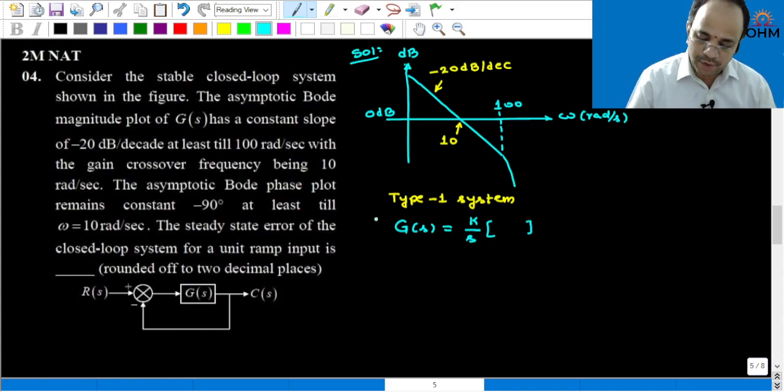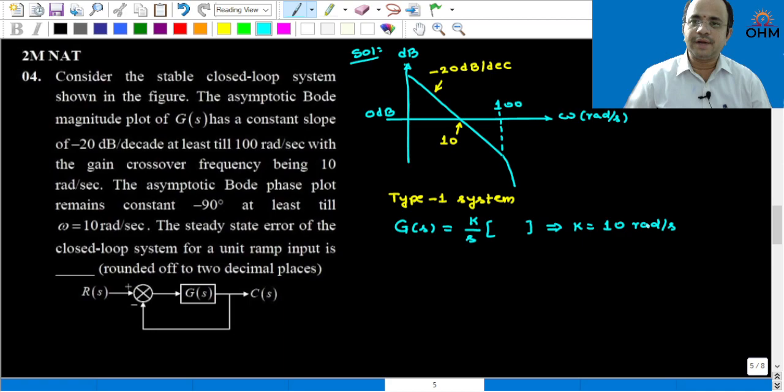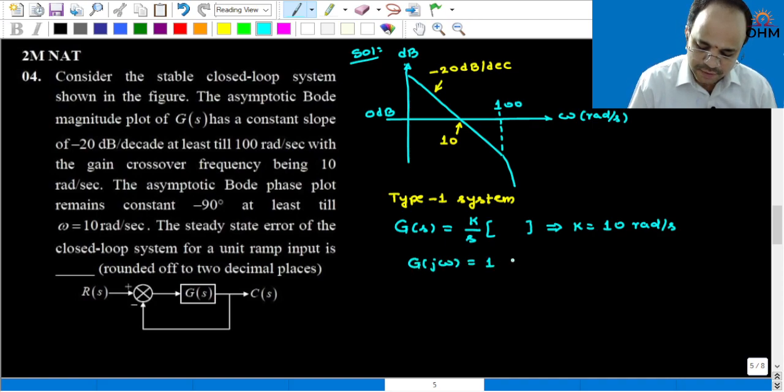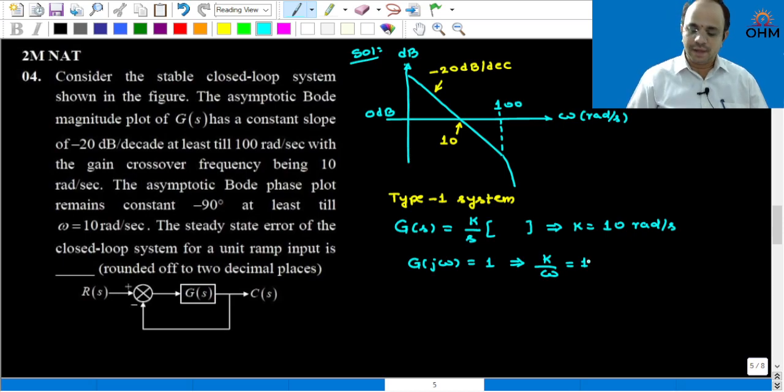Wherever this initial slope line crosses the 0 dB line, that will be the K value. So K is equal to, from this problem, 10 radian per second. Why? Because in the initial slope, |G(j omega)| is equal to 1. So that will give you K by omega magnitude is equal to 1, and hence K is equal to omega. So that omega is given as 10 radian per second.